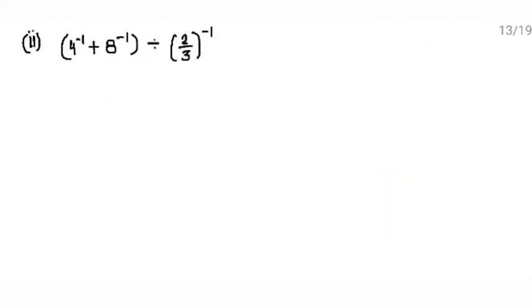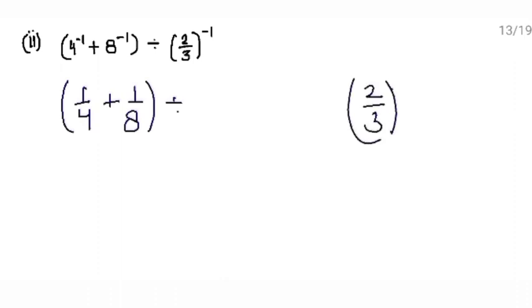Next part, 4 raised to the power minus 1 is equals to 1 upon 4 plus 8 raised to the power minus 1 is equals to 1 upon 8. Bracket close, divided by 2 upon 3 raised to the power minus 1. Power is minus 1 now. So you want to write the power as positive.